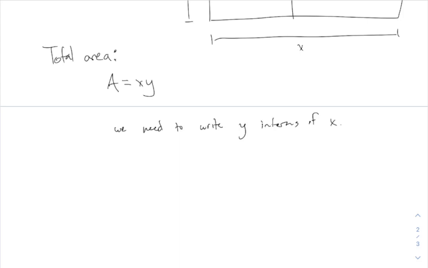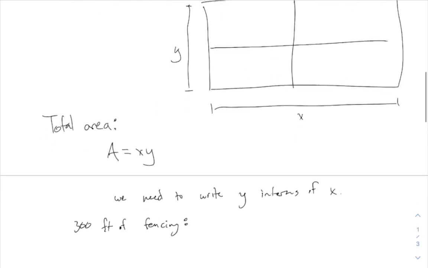All right, so what does that have to do with anything? 300 feet of fencing. Can anybody say, based on the x and the y, what does that mean about the 300 feet? Something about all that amount of fencing has to add up to 300. Yeah, what do you think?